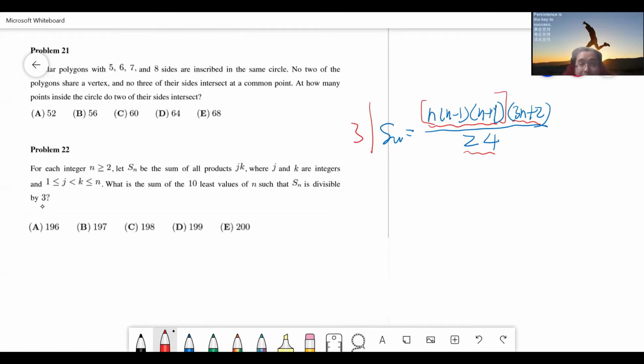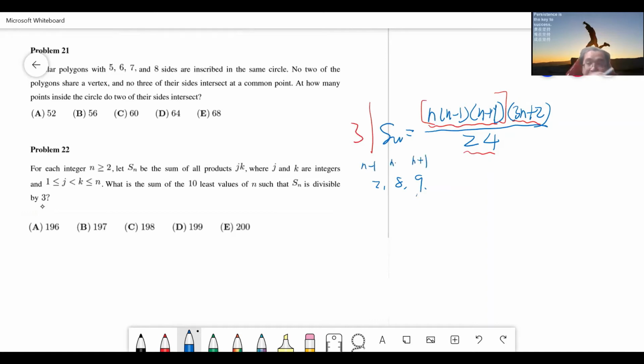It cannot be any other number, right? So one of these must be a multiple of 9. It's easy to see the smallest is going to start from 7, 8, 9 for the 3 consecutive numbers. So you can see n minus 1, n, then n plus 1.